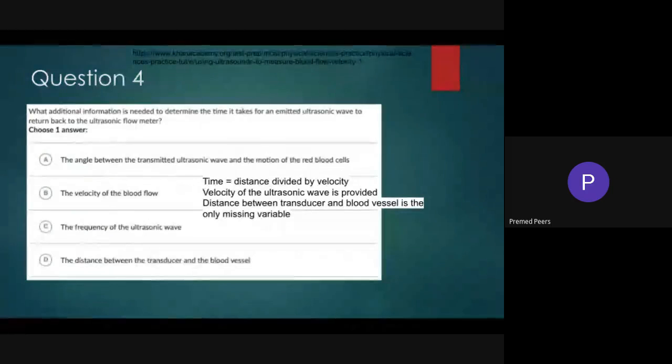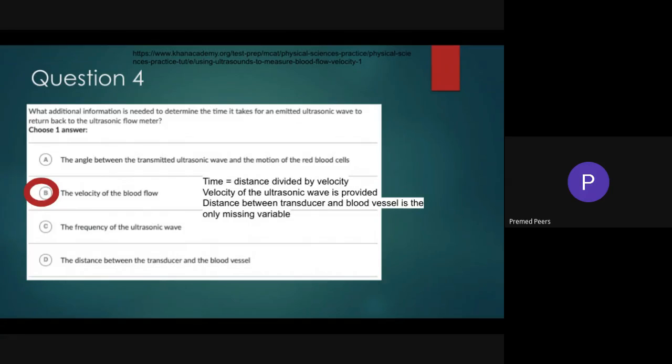So if we have the velocity, which is 1.5 times 10 to the fifth centimeters per second, and we want to calculate time, we're missing the distance between the transducer and the blood vessel.